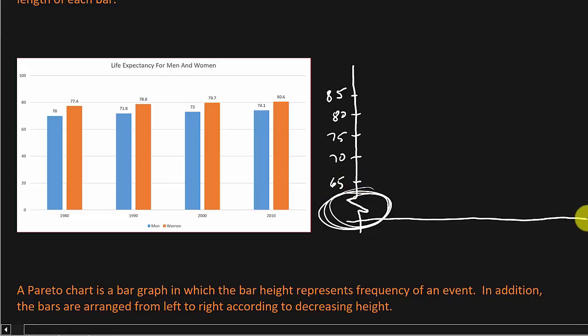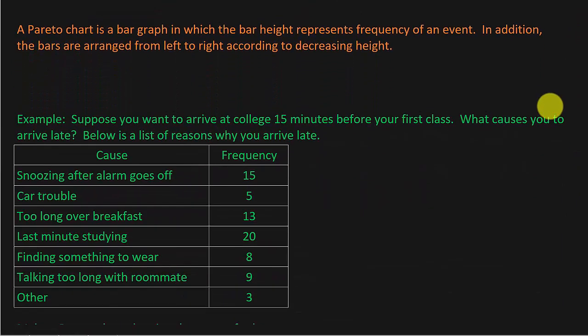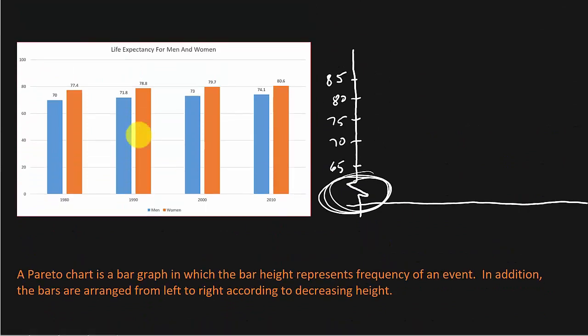All right, so the next kind of graph we're going to look at is a Pareto chart. So a Pareto chart is a bar graph, okay? It's a bar graph in which the bar height represents frequency of an event. In addition, the bars are arranged from left to right according to decreasing height. So basically, it's going to look like a bar graph.